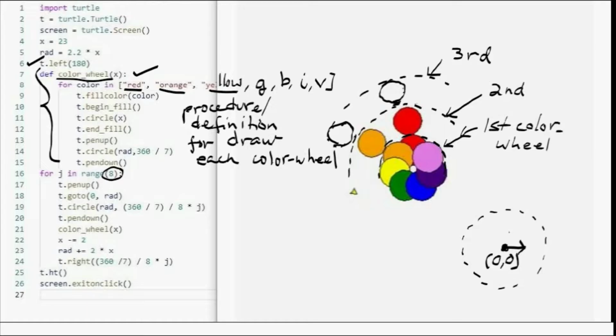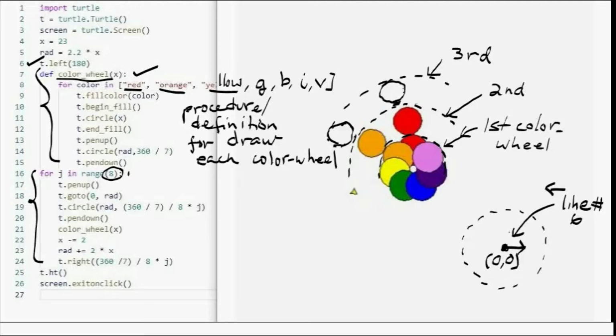We want it to be oriented like this because I want to draw the circles starting from the top of the circle. So this is line number 6. And then I go straight to number 16. This is the start of the execution of the drawing.